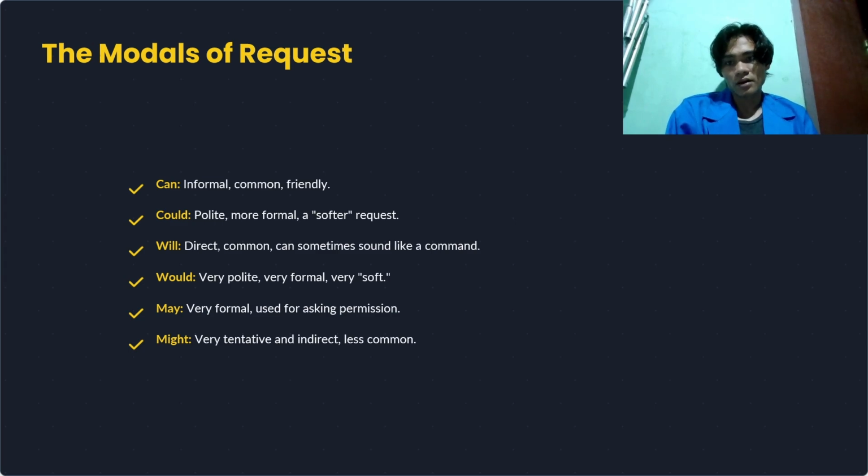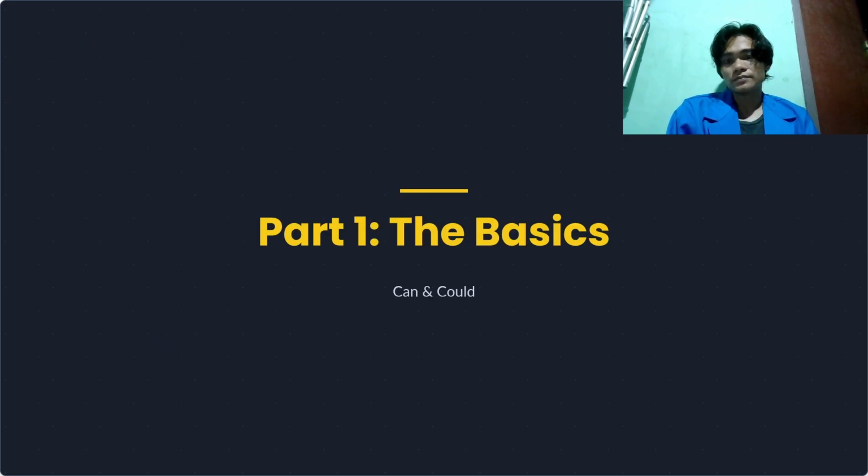Will is for direct, common, and can sometimes sound like a command. Would is for very polite, very formal, very soft. May is for very formal, used for asking permission. Might is for very tentative and indirect, less common.